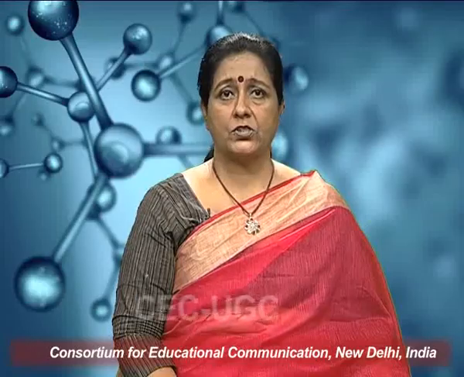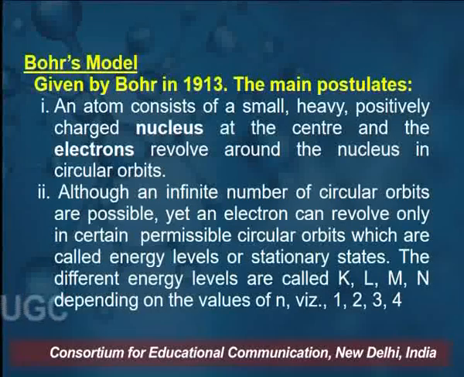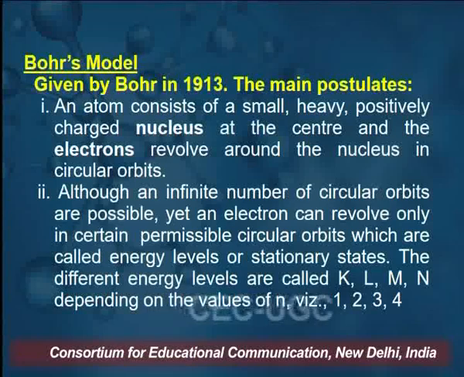The main postulates of Bohr's model are: an atom consists of a small, heavy, positively charged nucleus at the center, and the electrons revolve around the nucleus in circular orbits.